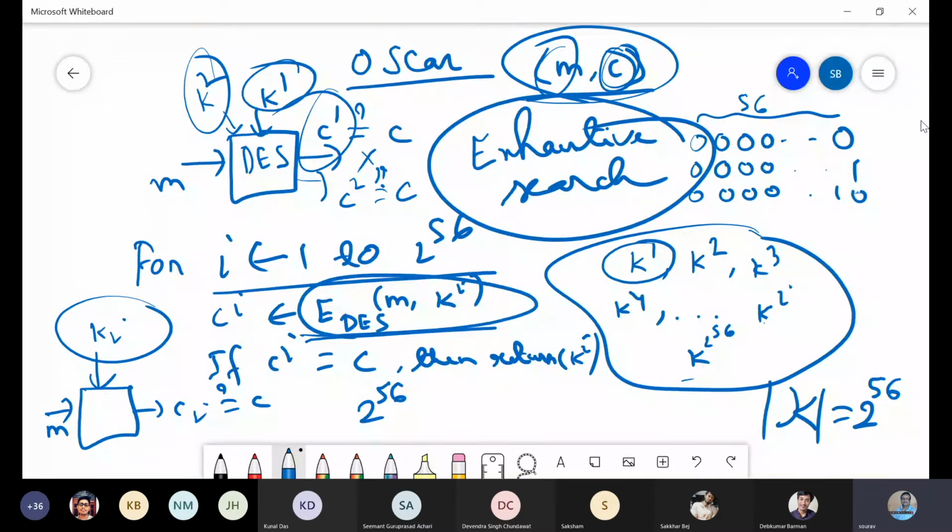We are doing a DES encryption. So if we assume that on our computer, a DES encryption takes 1 second, then this will take 2 to the power 56 seconds to do this attack in the worst case.